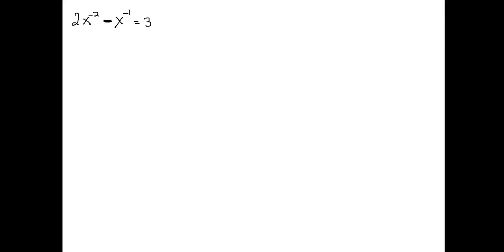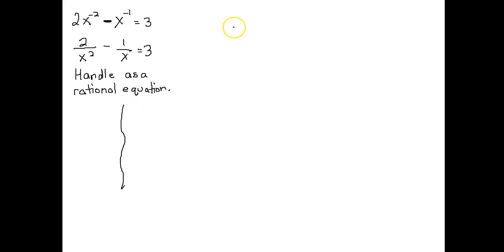This problem, you could rewrite it with positive exponents and then handle it as a rational equation, which we did earlier in the chapter. So you guys should be equipped to do that. I'll leave that up to you to work on if you want to do it that way.